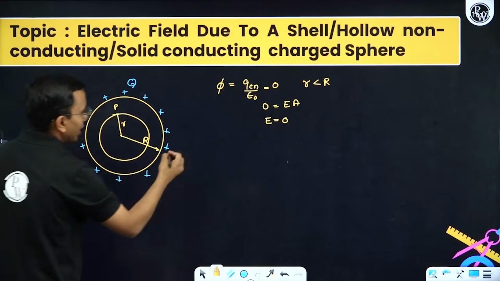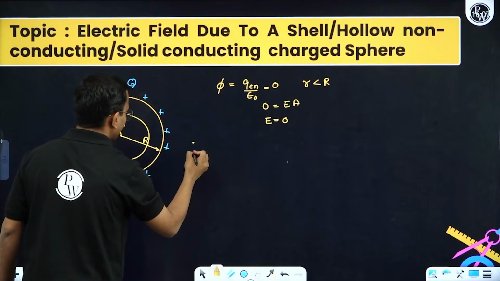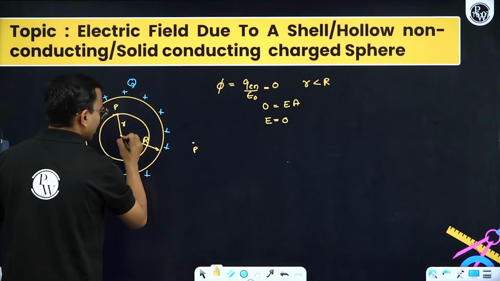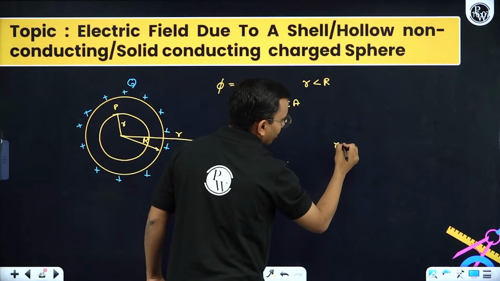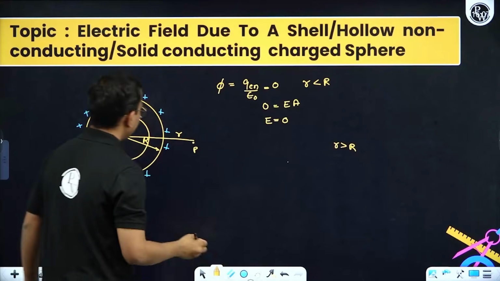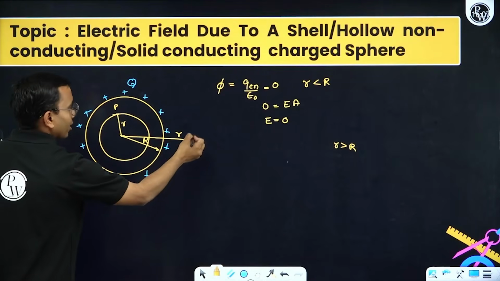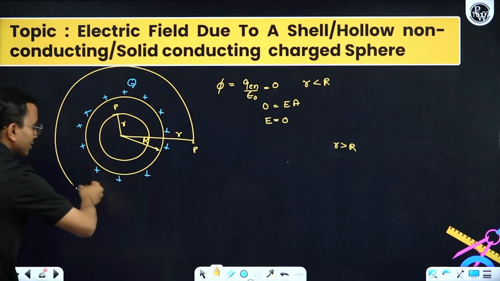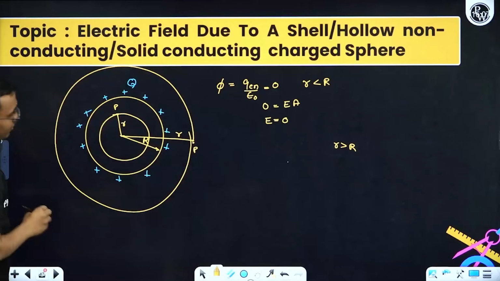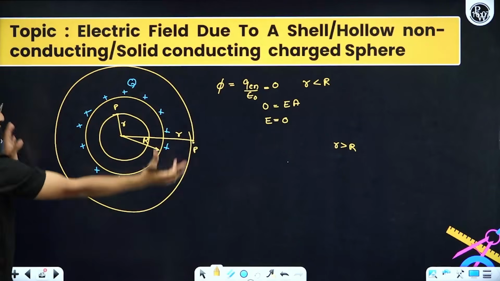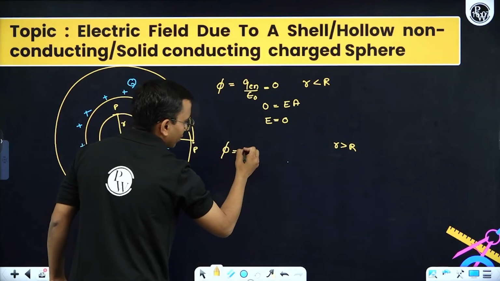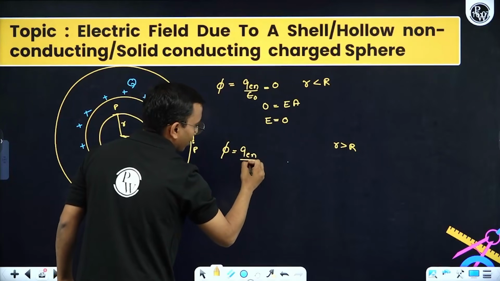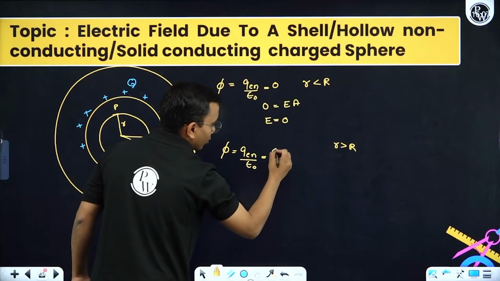Now if you take any point outside this, let us take this as my point P, at a distance r which is greater than R. You will say we will make this the Gaussian surface. For this Gaussian surface, the flux is Q enclosed by epsilon naught, so the total charge is enclosed now.